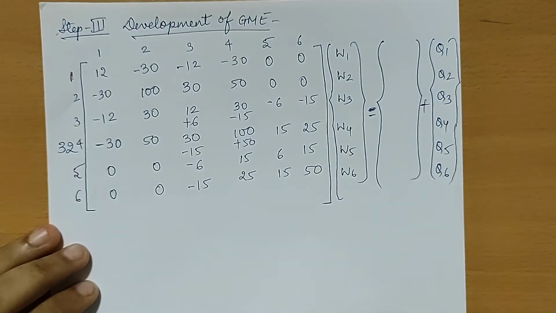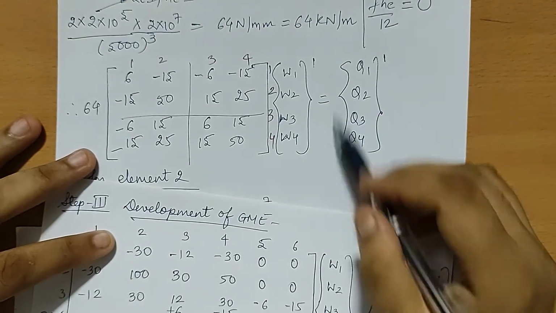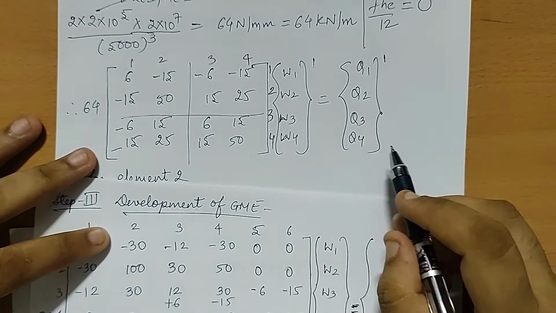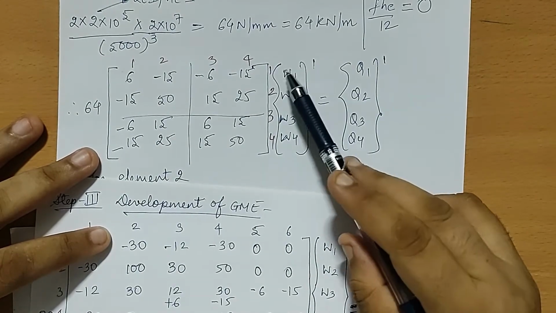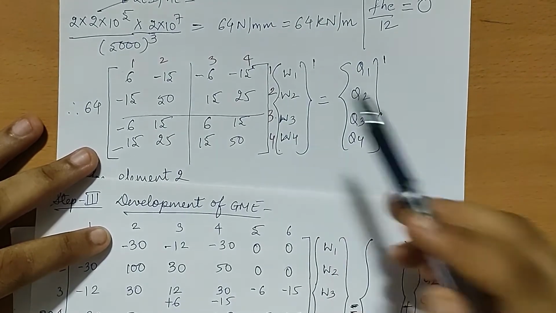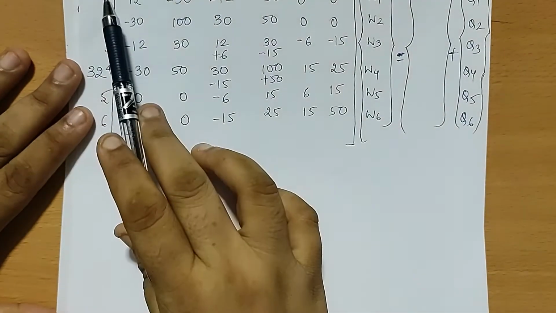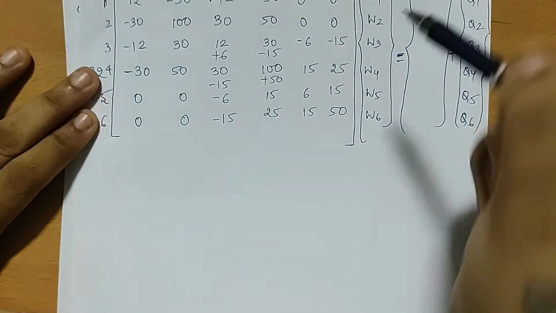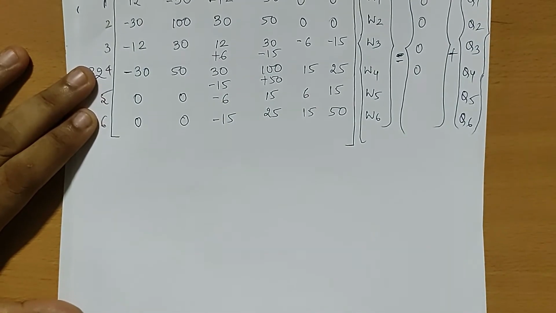Now here I need to place the elements. So I'll go back to my matrix. For element 1, this entire matrix was not there. So I can just say that it is nothing but 0. So 1, 2, 3, 4, these are the positions where I should have 0. Now if you observe carefully, this is also 1, 2, 3, 4. So I have 0, 0, 0, 0 from the first element.